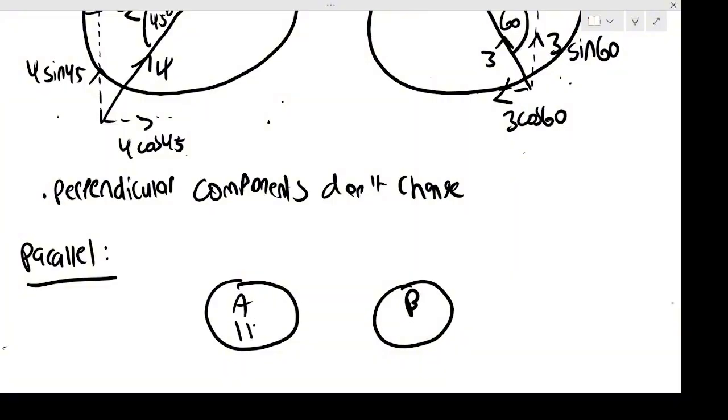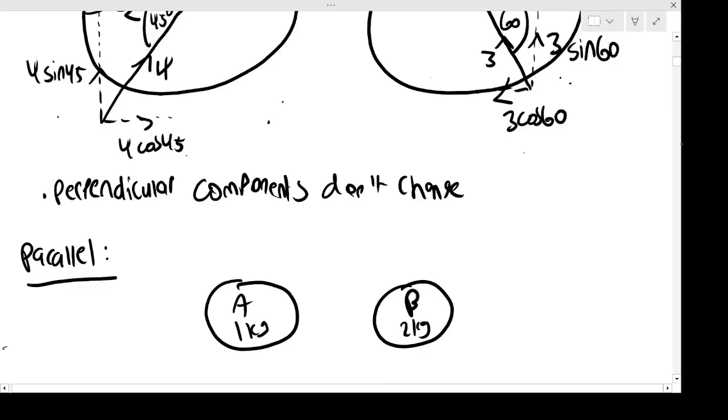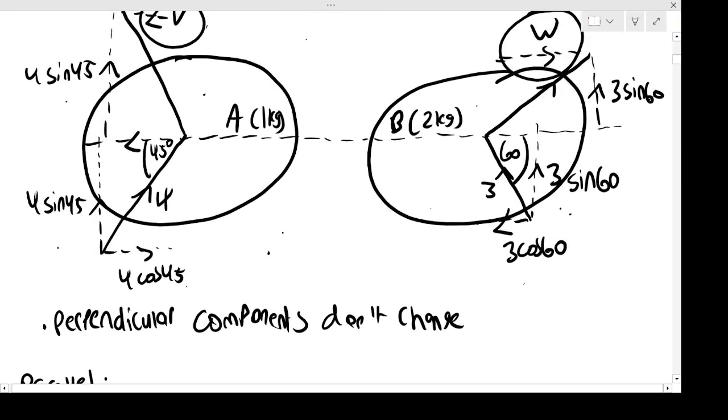So A has mass 1 and B has mass 2, I believe. And I'm just going to do my parallel speeds. If I look at the diagram before, for A, it's going forward by 4 cos 45. That's the parallel part, that matches the line of centres.